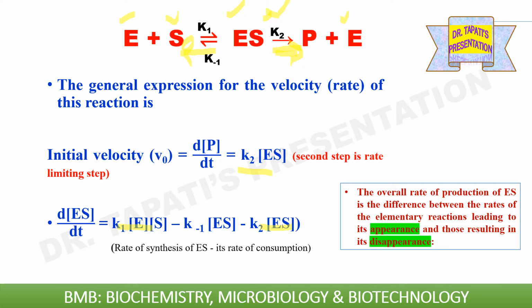This is the overall rate of the production of ES. Again, d[ES]/dt is equal to k1[E][S] minus k-1[ES] minus k2[ES].